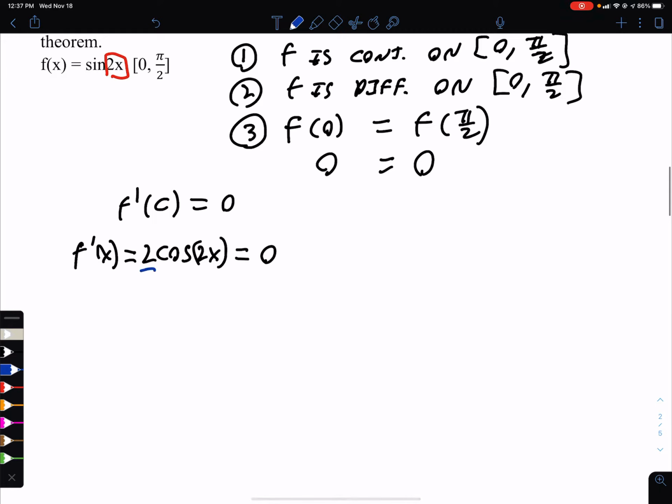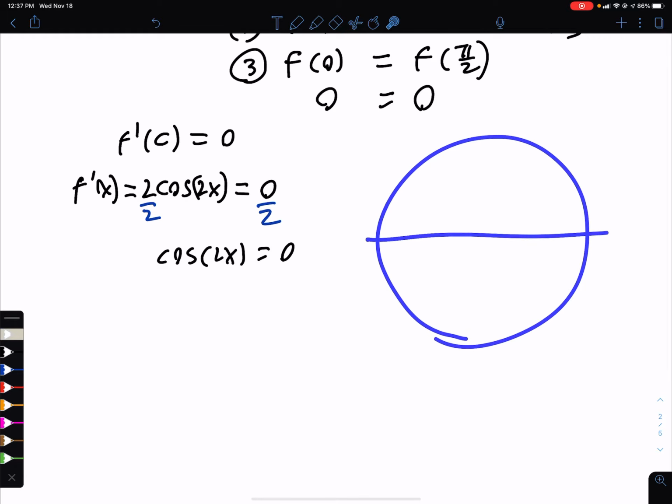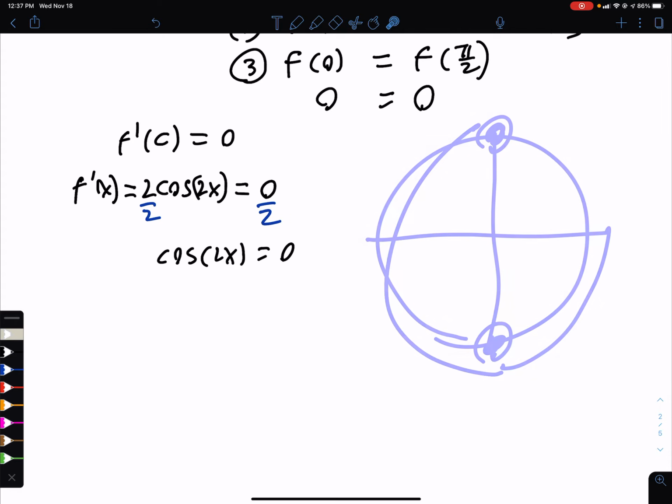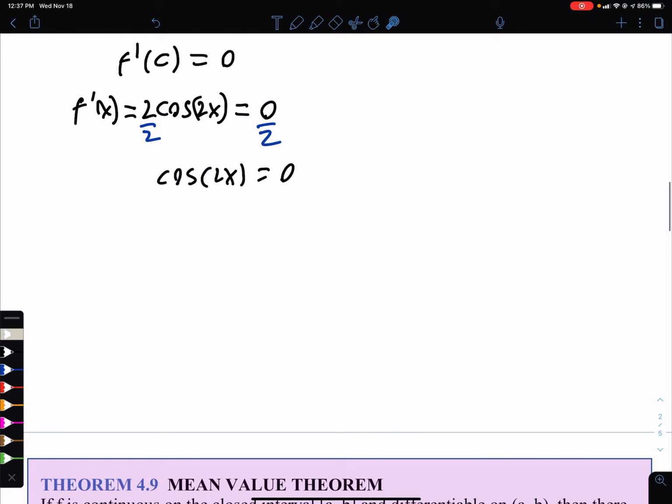So to solve this, I divide both sides by 2. So when is a cosine equal to 0? On a unit circle, you should know the cosine is 0 here and here. So pi over 2, 3 pi over 2, or negative pi over 2, negative 3 pi over 2, basically all the pi over 2's, and we're going from x is 0 to pi over 2. So what angles?